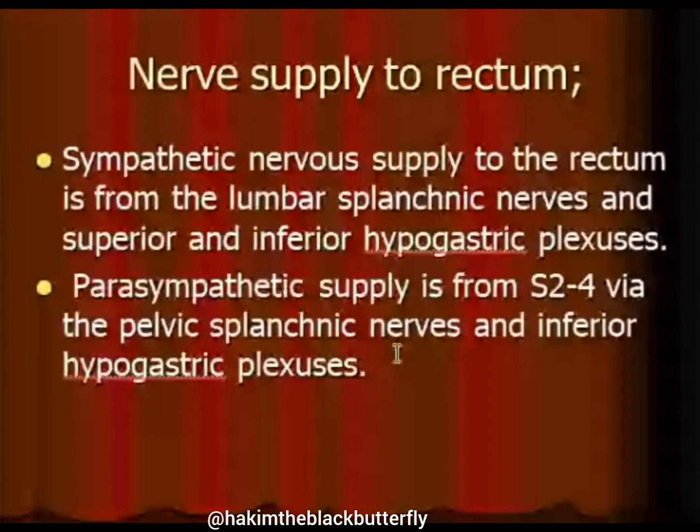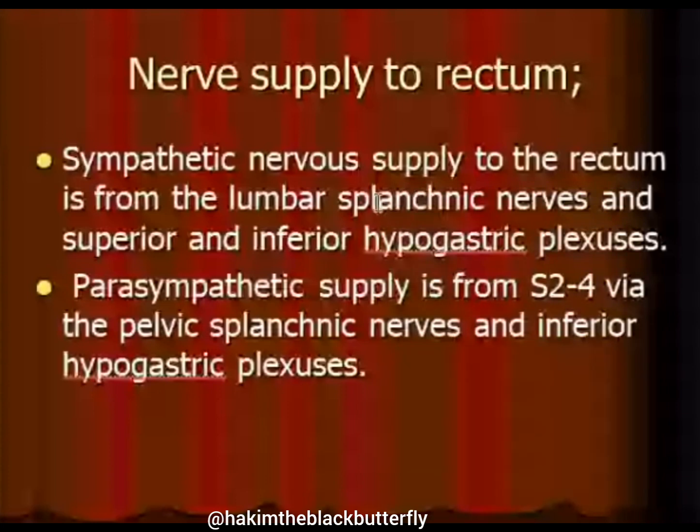Now the nerve supply to the rectum. Let us look at this before we conclude. Here I have said that sympathetics come from the lumbar splanchnic. Splanchnic nerves are branches from the sympathetic trunk. I repeat, splanchnic nerves are branches from the sympathetic trunk.